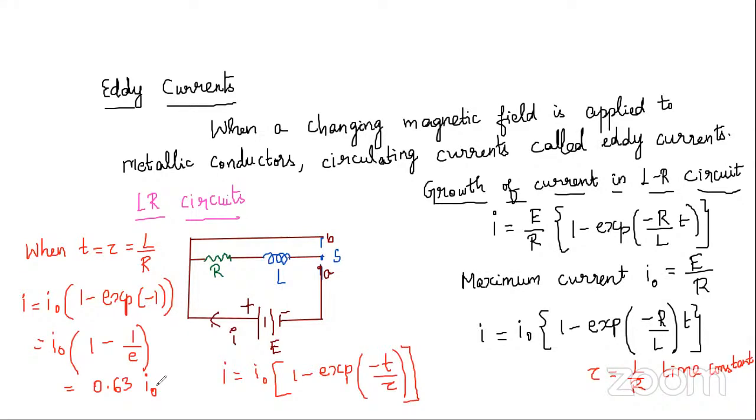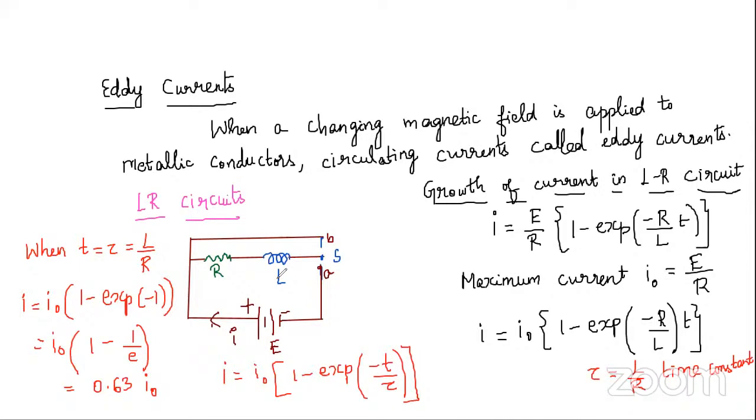One more thing which I want to tell you is that, as I have mentioned already, when the cell of EMF E is connected in the circuit, current starts flowing through this. Initially the rate of growth of current is increasing, but after a few seconds, due to the presence of this inductor coil, the growth of current is arrested and there will be a decrease in the rate of growth of current.